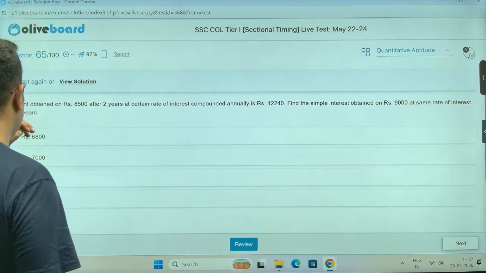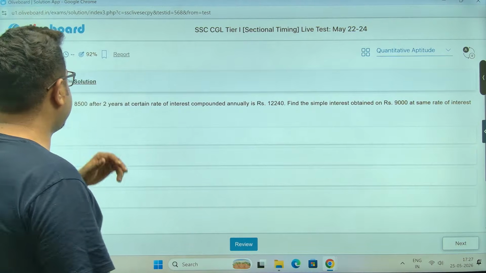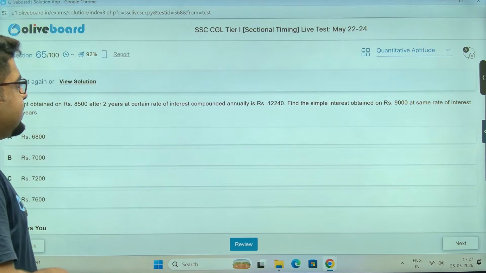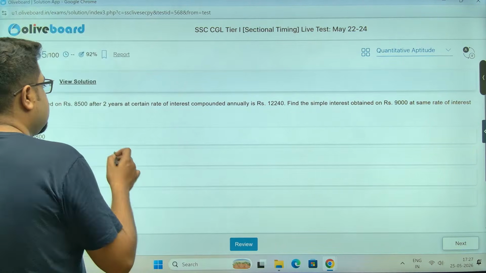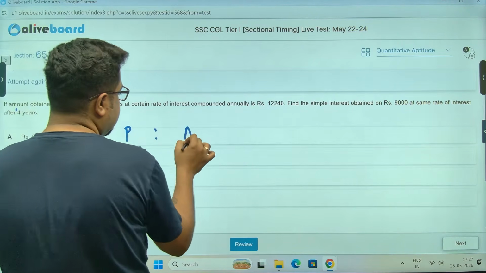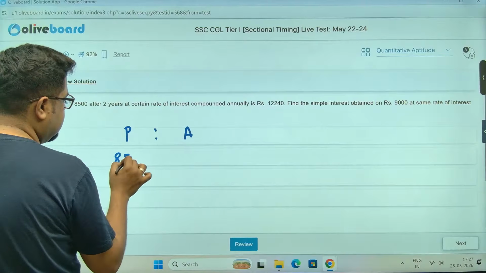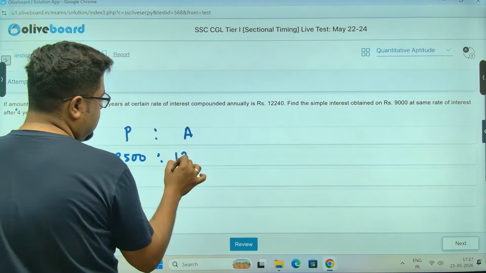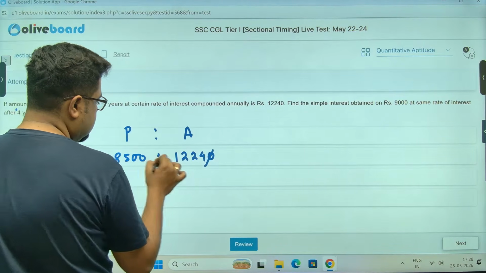Chalo. Amount obtained 8,500 after 2 years at the rate of this is this. Okay, 2 years. So P is to A given, 8500 is to 12240.